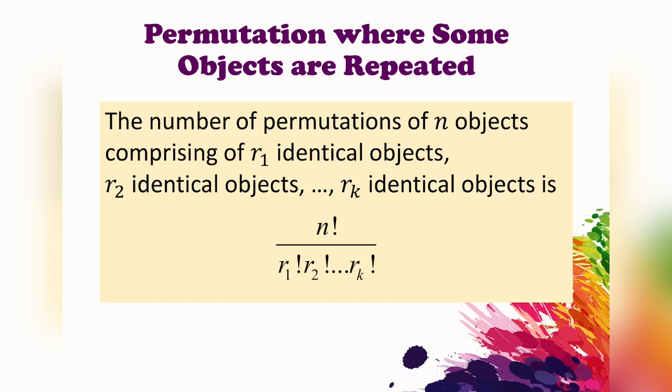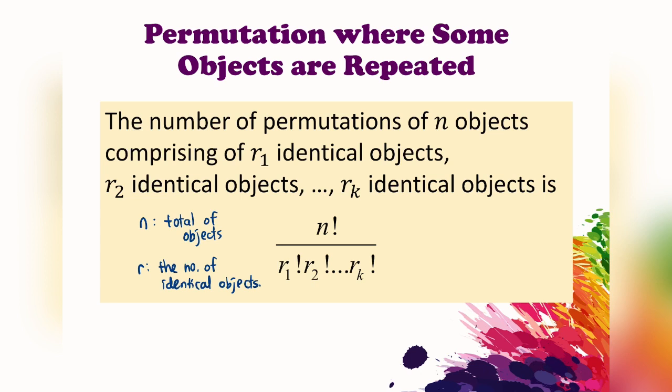For this case, the number of permutations will be n factorial divided by r1 factorial multiplied by r2 factorial until rk factorial. Here n represents the total number of objects and r represents the number of identical objects.